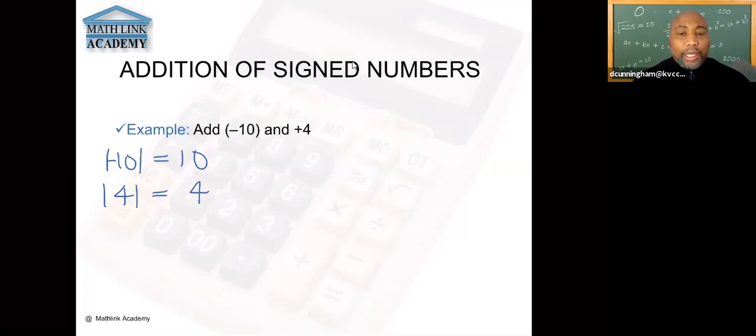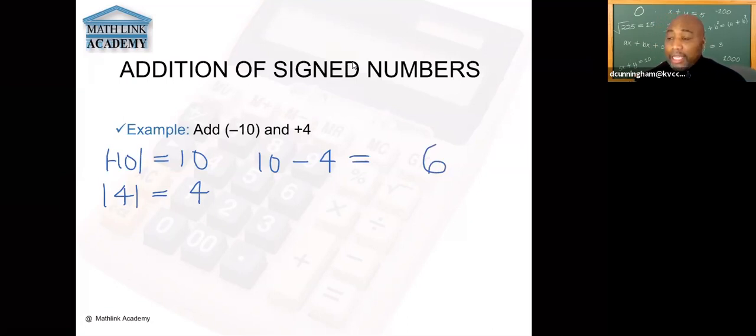What our procedure said was subtract the smaller, so it'll be 10 minus 4 from the absolute values. I know we got rid of the sign for the 10, but we're still going to do it anyway. We have the bigger number minus the smaller number, just like we did with the previous one. You just take the biggest number minus the smallest number in its absolute value state. That would give us a 6 again.